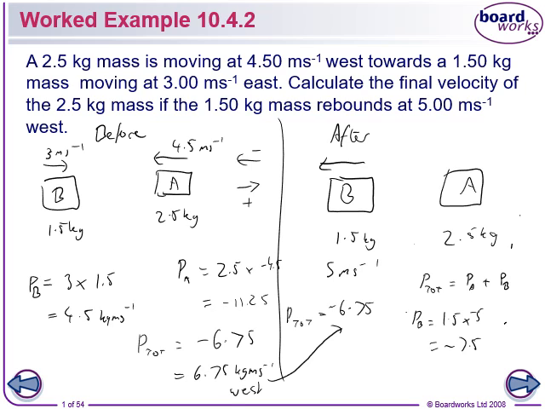So B is 1.5 kilograms, 5 meters per second west. Therefore, the momentum of B is negative 7.5 in that direction.